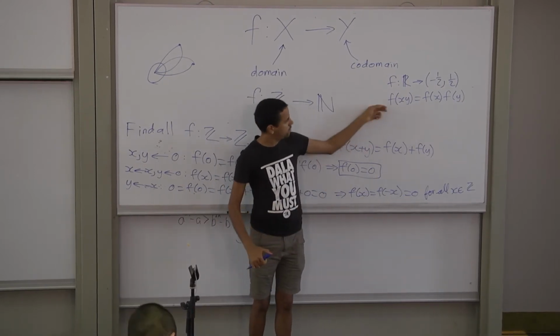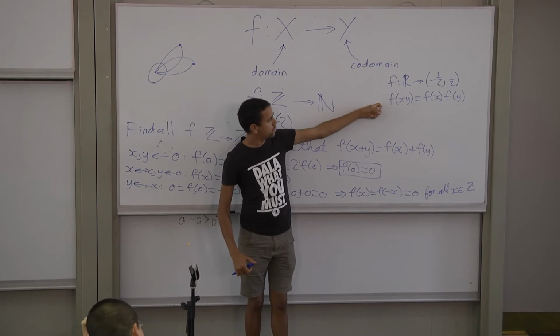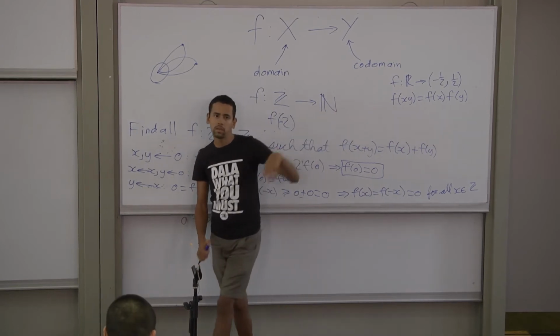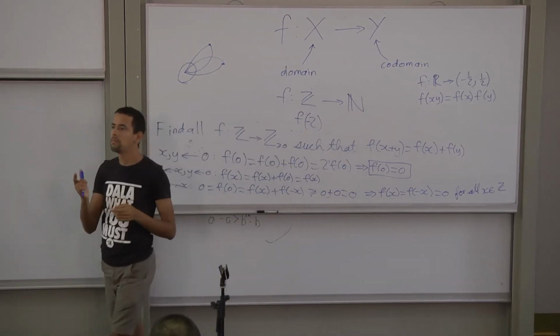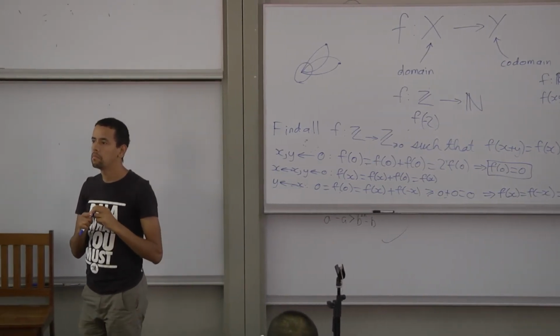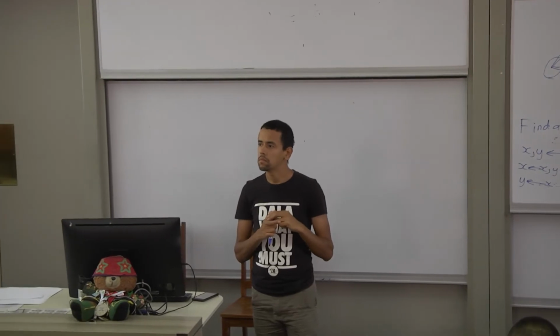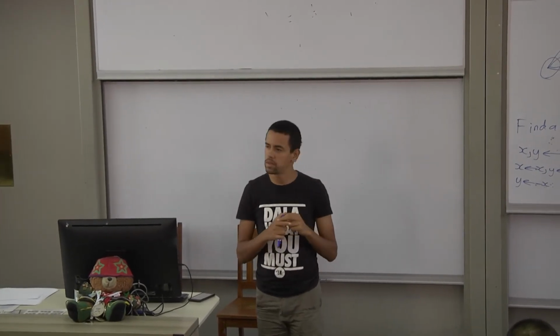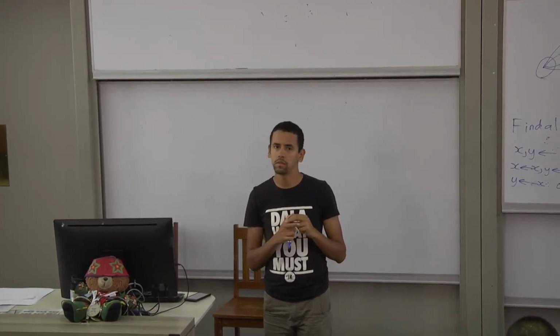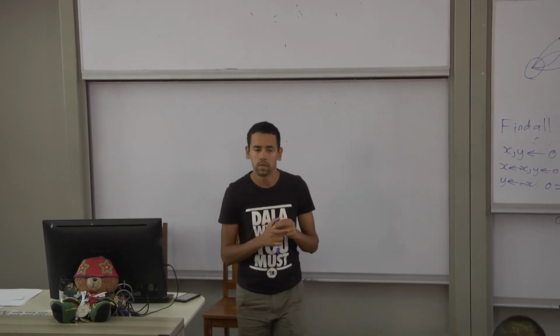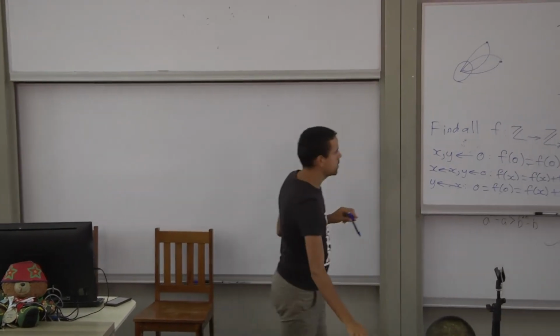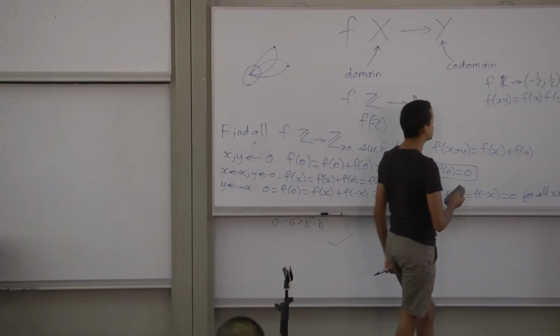To guess, what sort of solution would work for this? f of xy equals f of x times f of y. Yeah? Some kind of monomial, like x to the power of something. Yeah, x to the power of something generally works for that. Good.